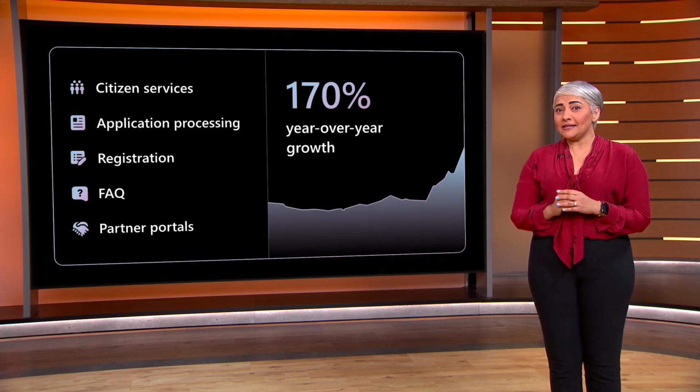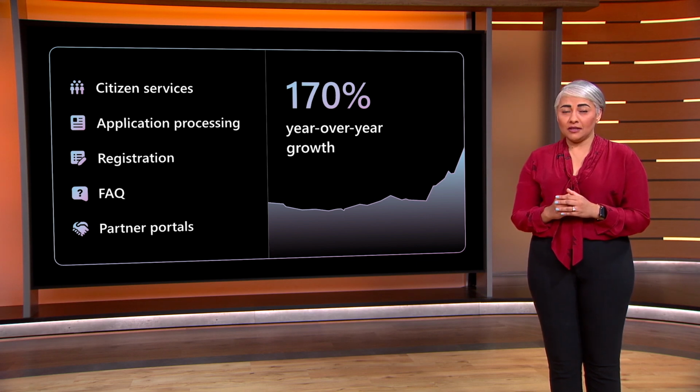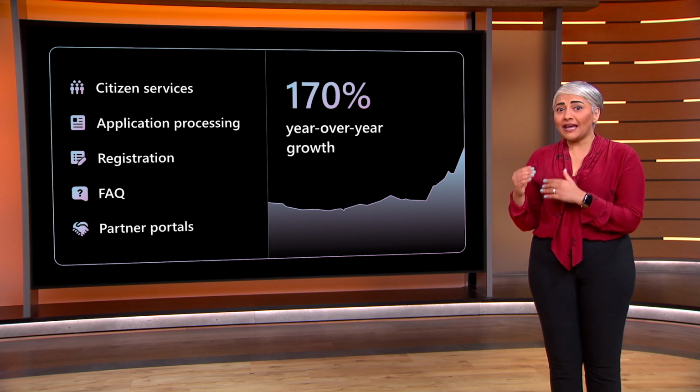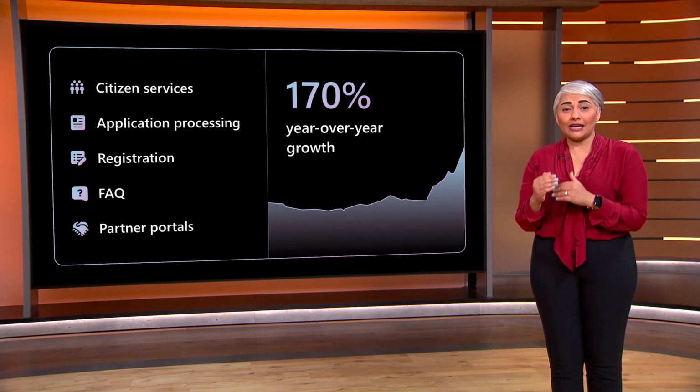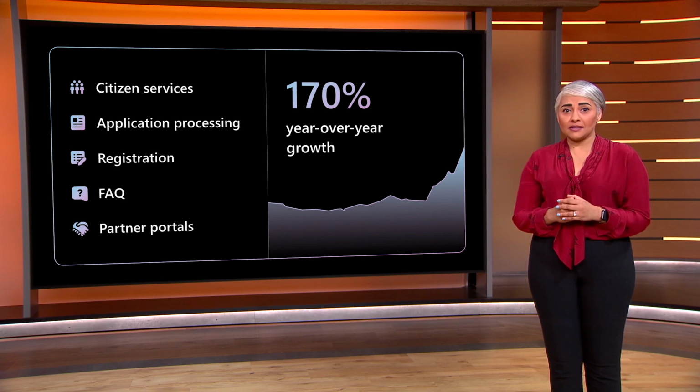We are already seeing great customer momentum with Power Pages worldwide, with strong year-over-year growth of usage. The momentum is across industries, from state and local governments to retail, manufacturing, financial service organizations, educational institutions, and nonprofit organizations.